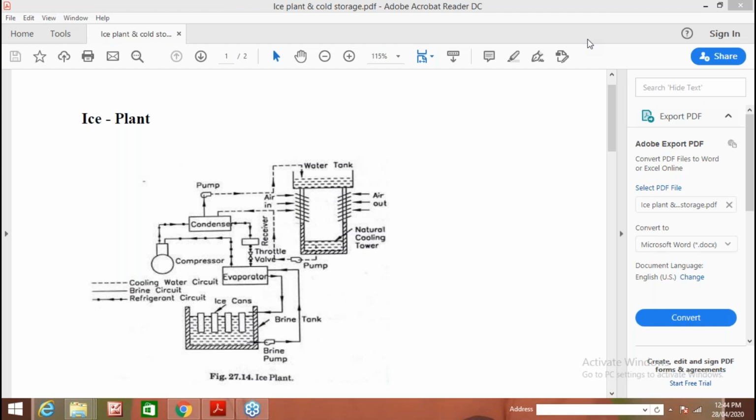So conditioned air is supplied to this cold storage to preserve vegetables. Okay, if milk is there, the temperature of this cold storage should be 4 to 5 degrees Celsius. If it is to preserve fish, then the temperature inside this cold storage should be minus 25 to minus 30 degrees Celsius.